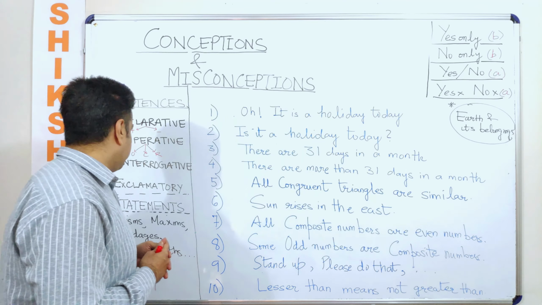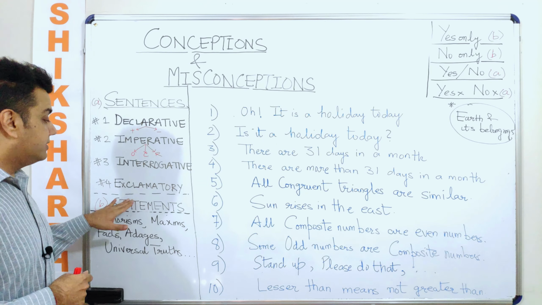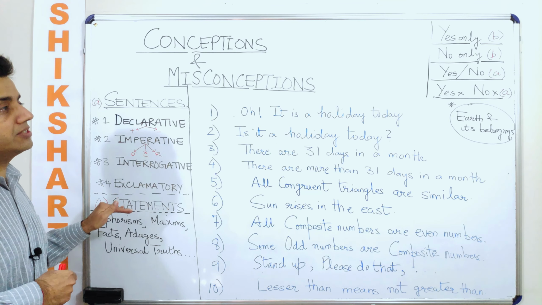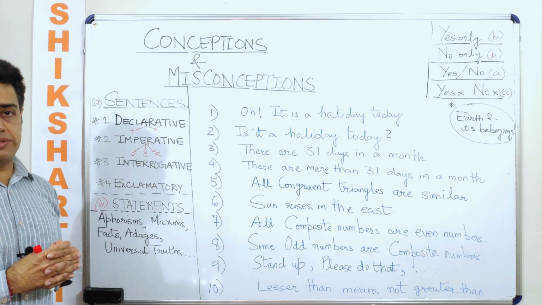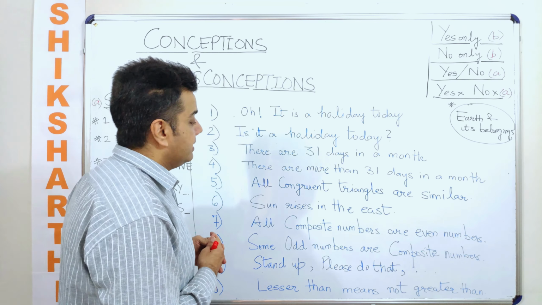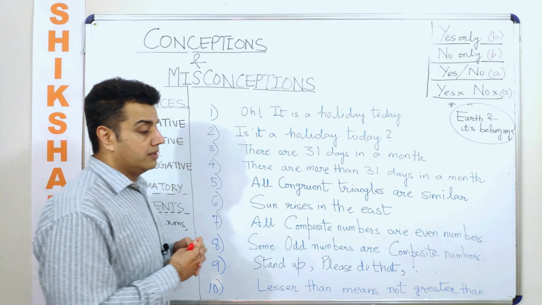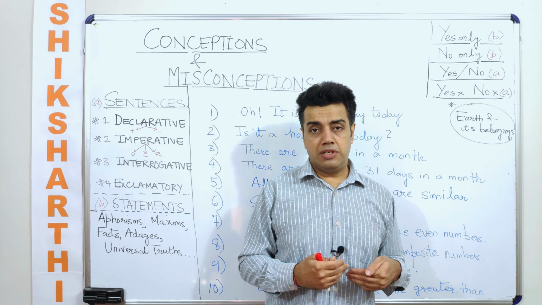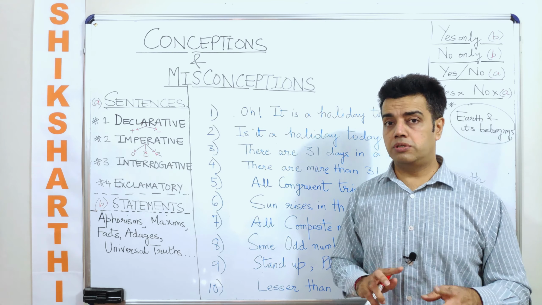Right? Coming down to statements now. Sentences which can be answered in the format of yes only or no only are statements. Meaning thereby, if there is a sentence that I have written, and it can only be interpreted in the form of yes only or no only, but not both.